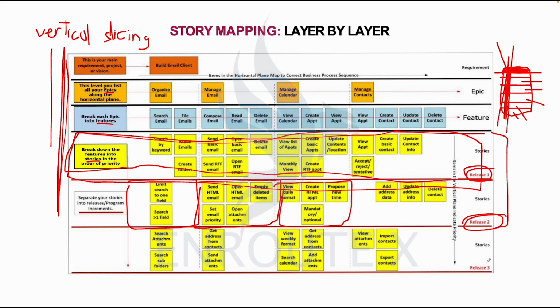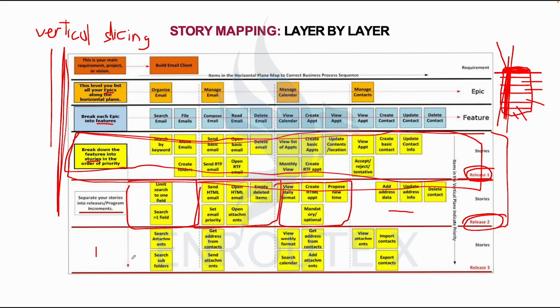And by the third release, the entire product would have been released. So story mapping talks about when we cut, decompose in this order from epic to features to stories, but at the same time we are slicing it vertically. And because we are slicing vertically, each is having a piece of the action per time.